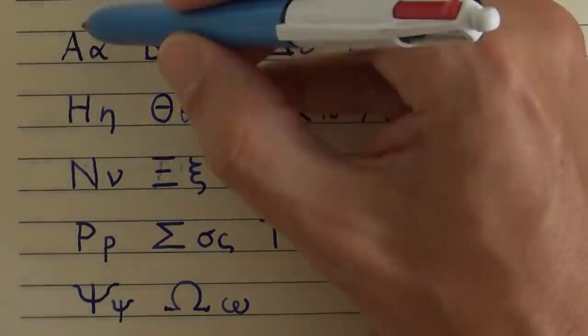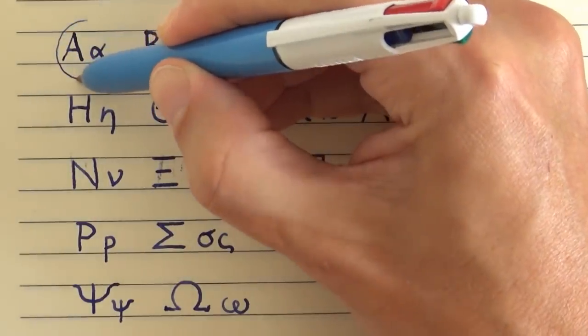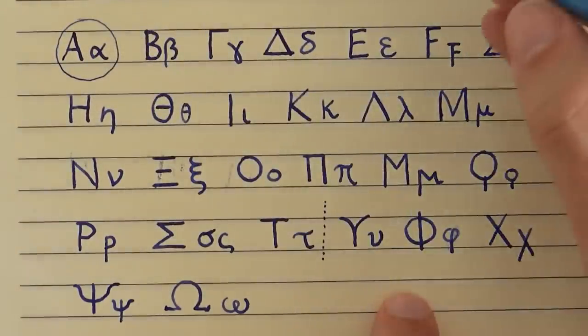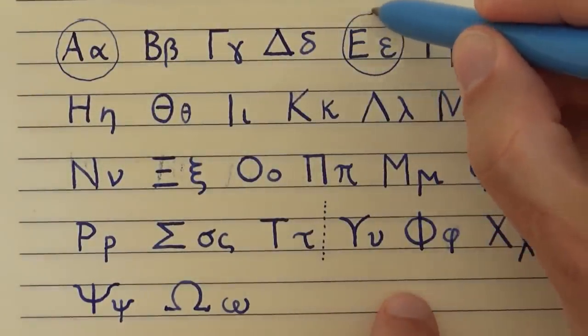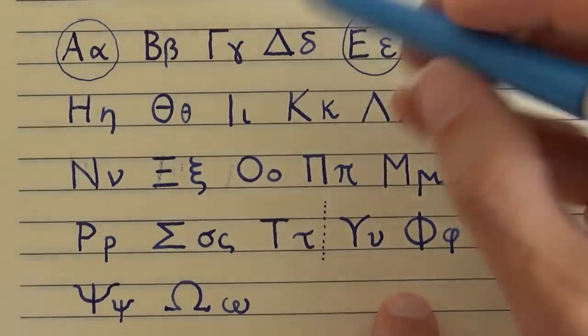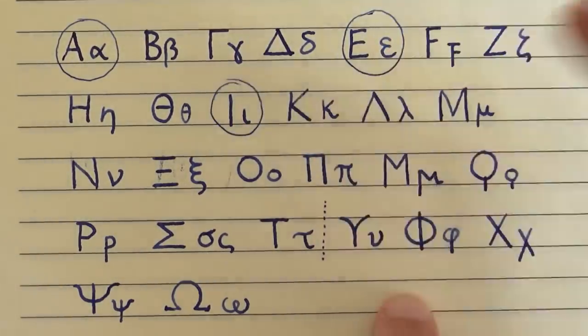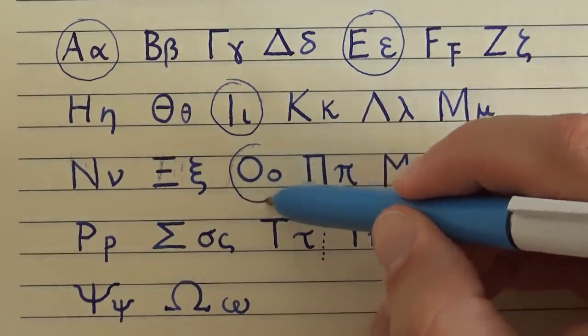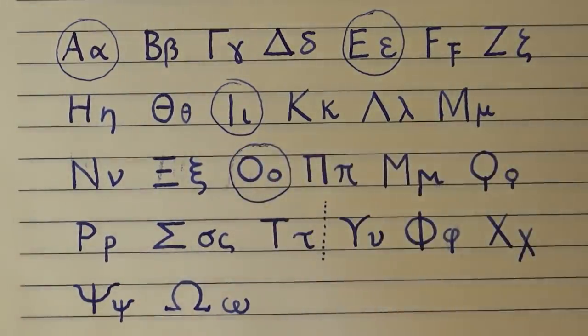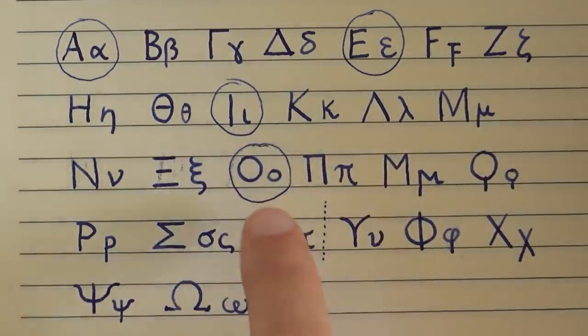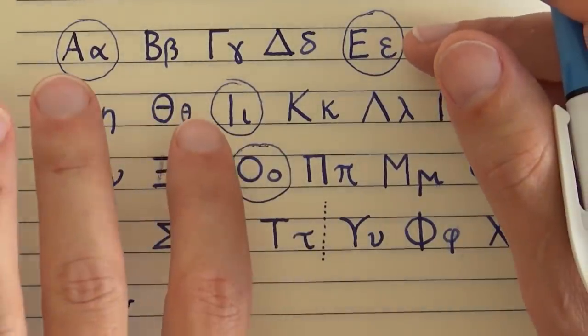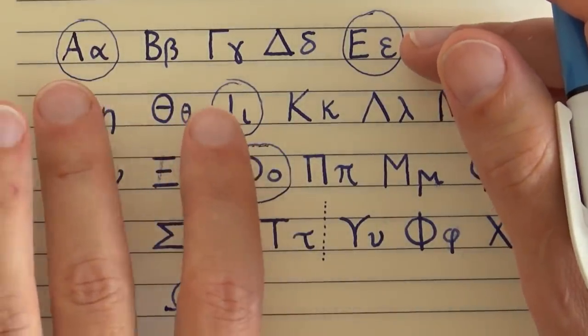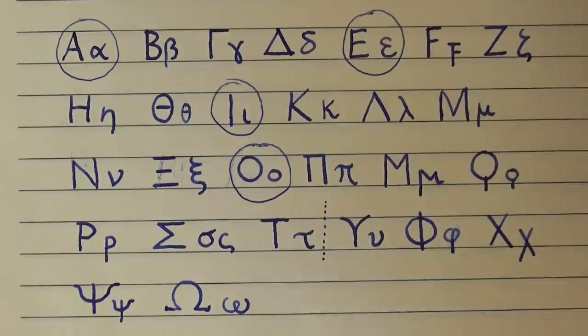Or I mean, it was the Greeks who made them into vowels somehow, and by doing that also invented the vowels, I think. But these characters have a history of representing consonant sounds as well.